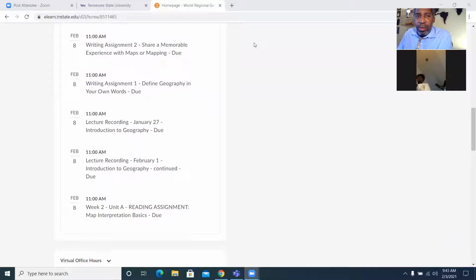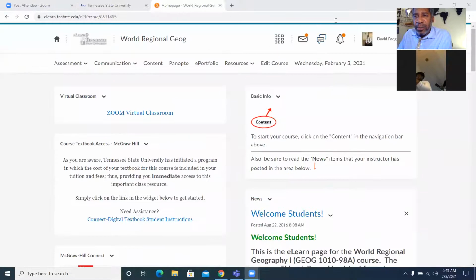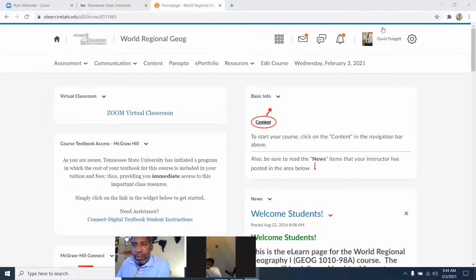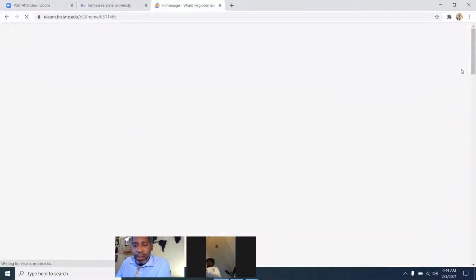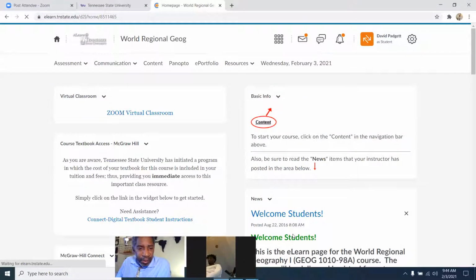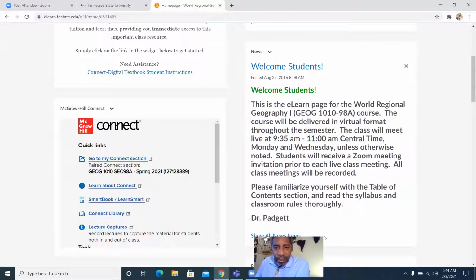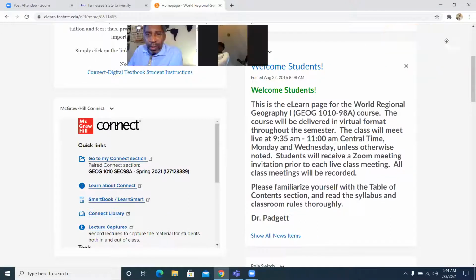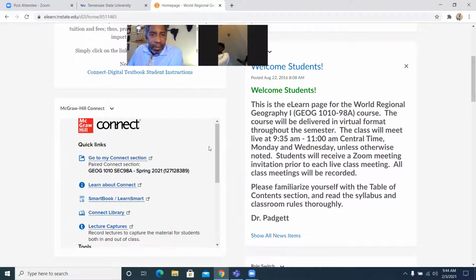You'll notice that on the calendar, you have various writing assignments. I'm going to get into student view now so I'll make sure I'm seeing what you're seeing. Okay, so now I'm in the student view. This should be what you all are seeing.